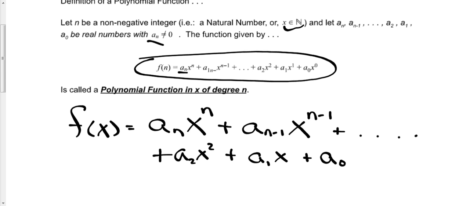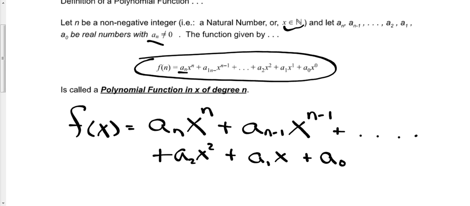I'm not writing it, but I could write times x to the 0 power. Because what's x to the 0 power, Zach? No. Morgan? No. 1. Any non-zero number to the 0 power is 1. But I'm not going to write that because that's Department of Redundancy Department. That's the definition of a polynomial function.